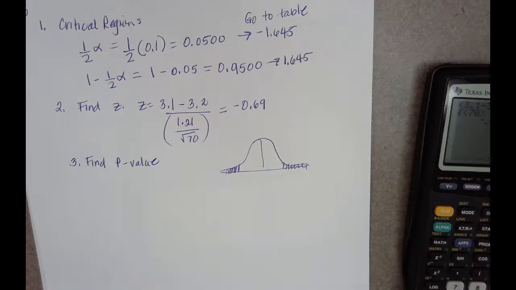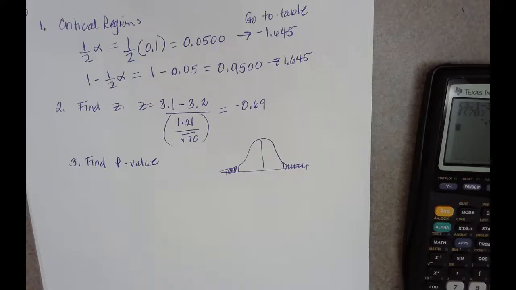If you look back to problem 12, we had a two-tailed test, and we found our Z, we found our critical region, and we found our Z score from the table. Then we found the p-values.